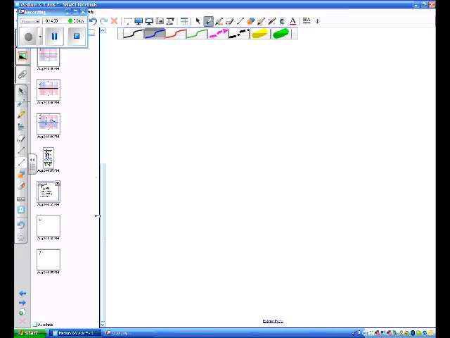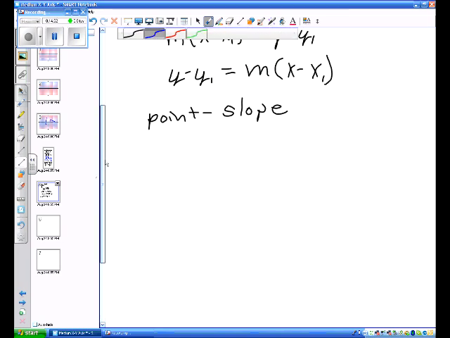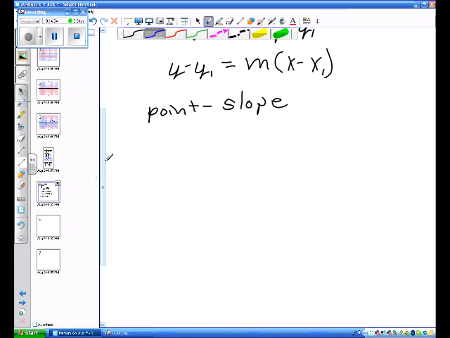So let's look at how we would do this. Let's keep our formula here. Let's say that we knew that the slope was 6 and that it passes through the point -2, 5. We have a slope of 6 and a point of -2, 5. We're going to use our formula.